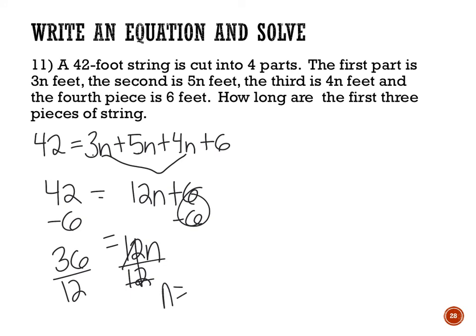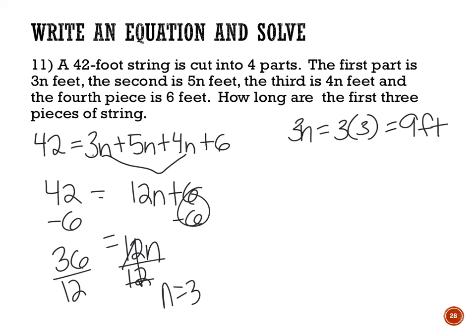So N equals 3. But it wants to know how long the first 3 pieces of string are, okay? Doesn't want to know what N is, okay? So I look at my first one, and it's 3N, so equals 3 times 3. 3 times 3 equals 9 feet.